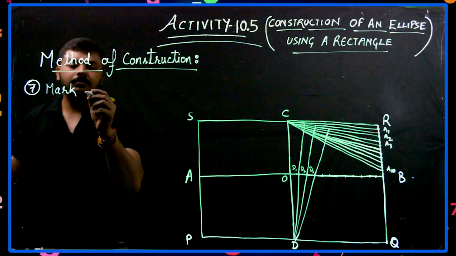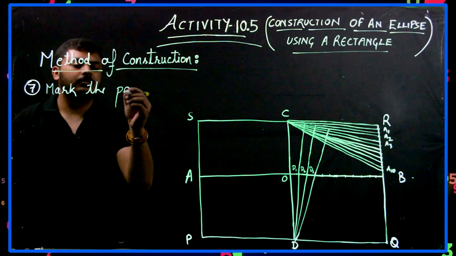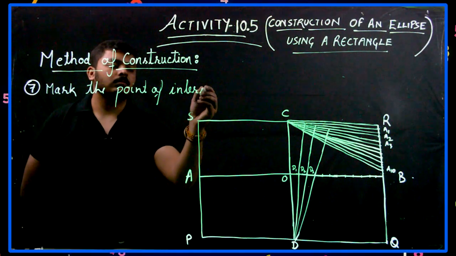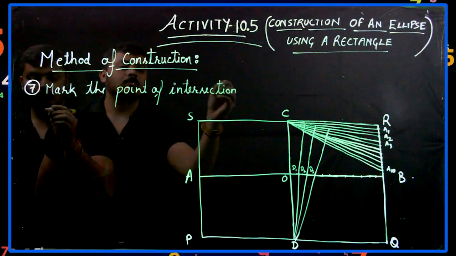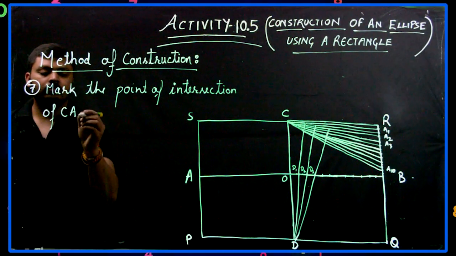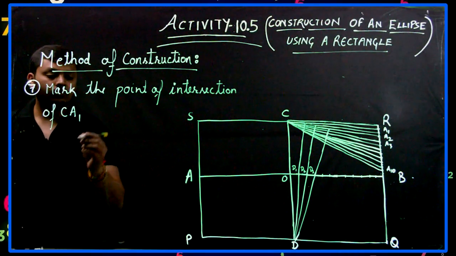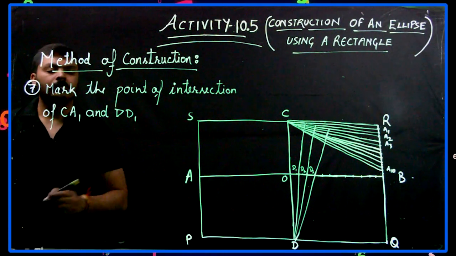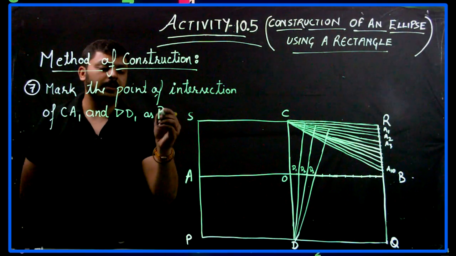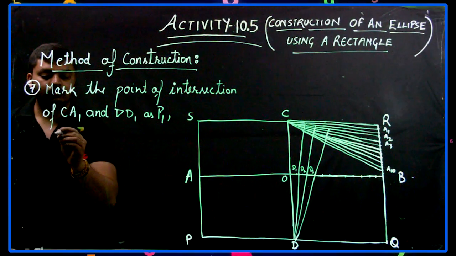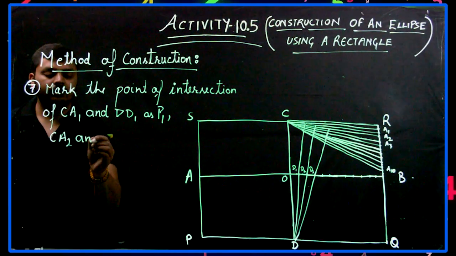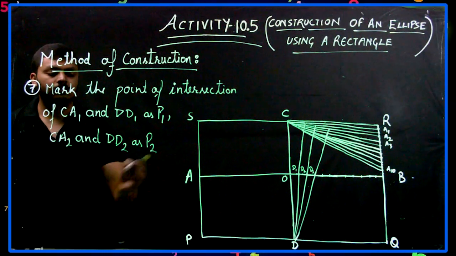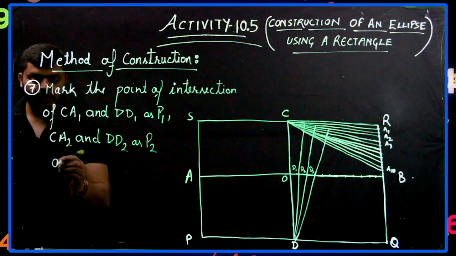So students, in step 7, mark the point of intersection of CA1 and DD1 as P1, CA2 and DD2 as P2 and so on.